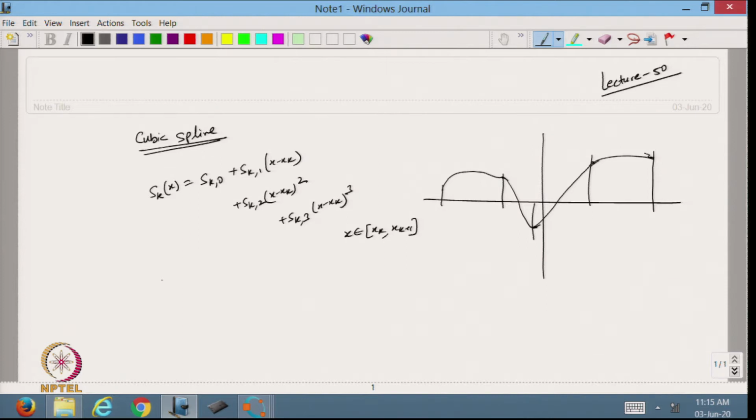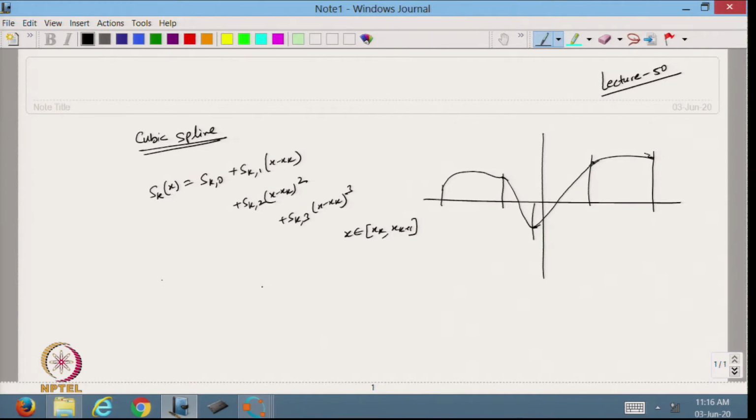That is the cubic spline we are going to get, and to solve for these coefficients we have to come across a system of equations.